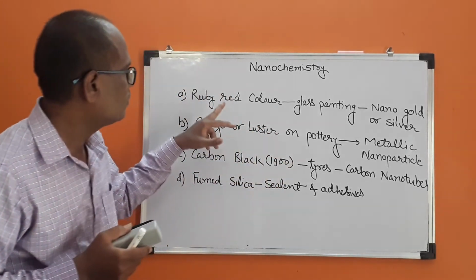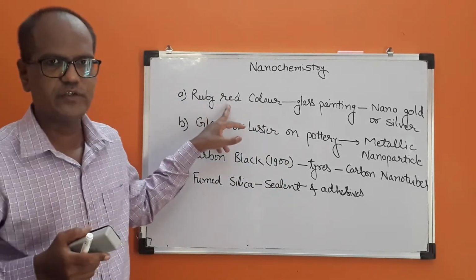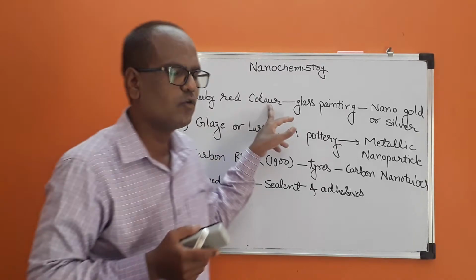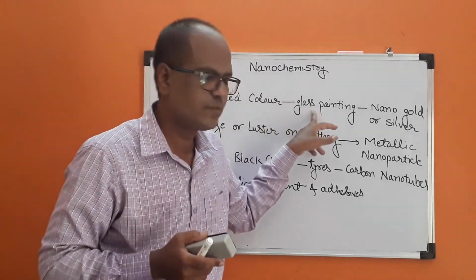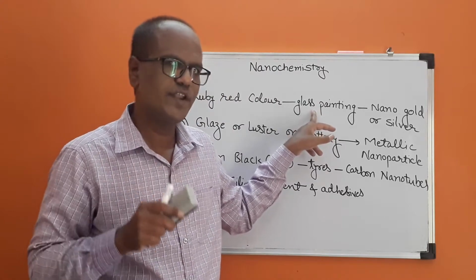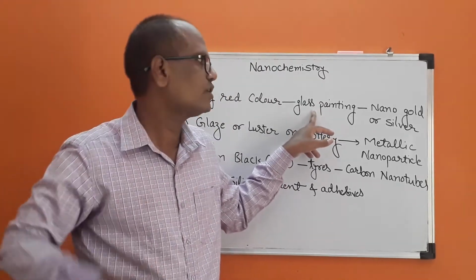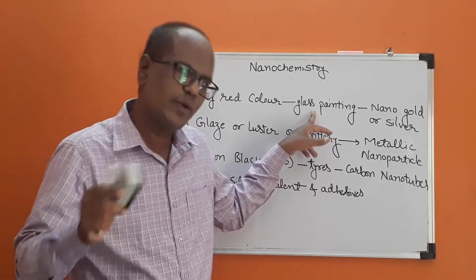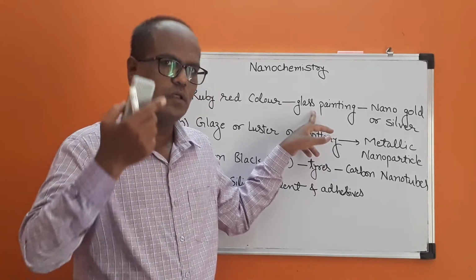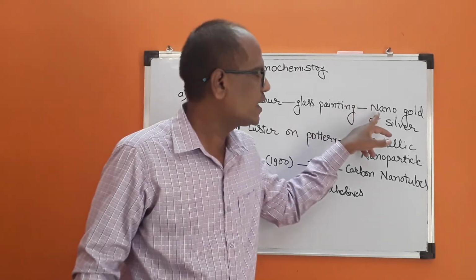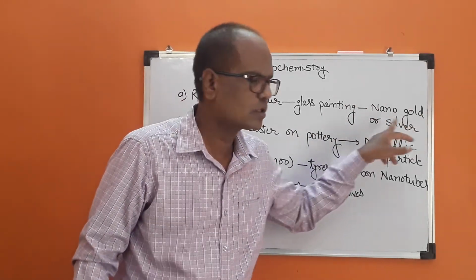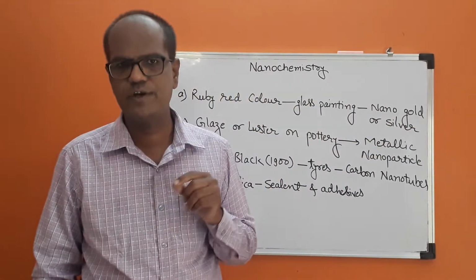Because in some ancient glass paintings, ruby red color was used. Red color was used for some glass painting. And those glass paintings are very, very old or ancient. In those paintings, red color was created by using nano-sized gold or silver nanomaterial.